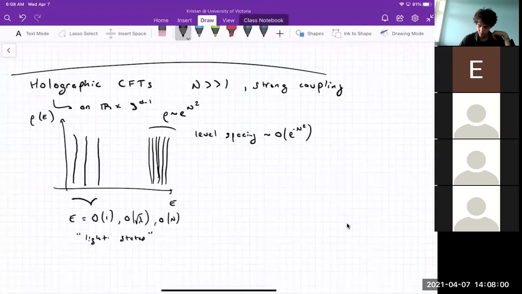So there's just a huge number. That's a generic state in the model. If it's unprotected, completely non-BPS, a generic state in the theory is going to have an enormous energy, and it'll be over here.